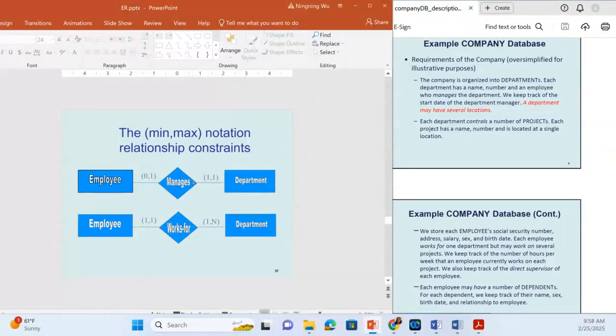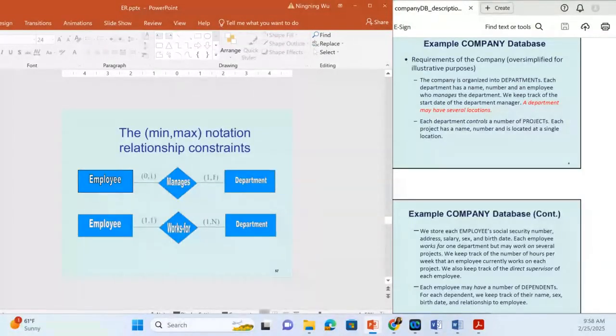So that can be translated into total participation: every department must participate in the managers relationship at least one time. So that's why the participation will be total.